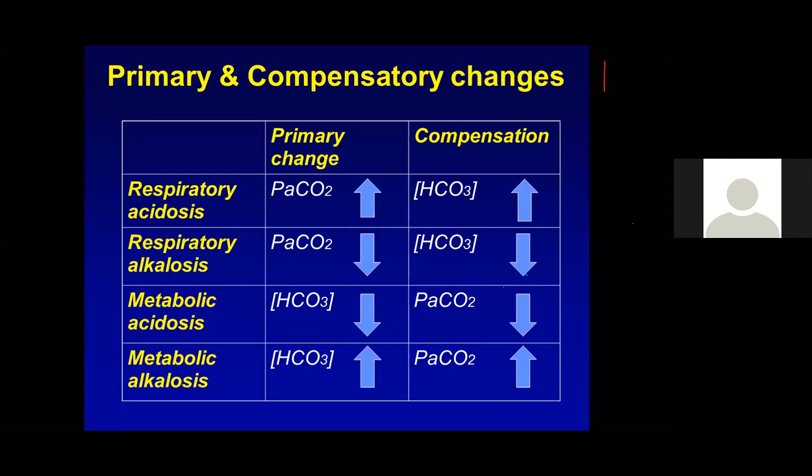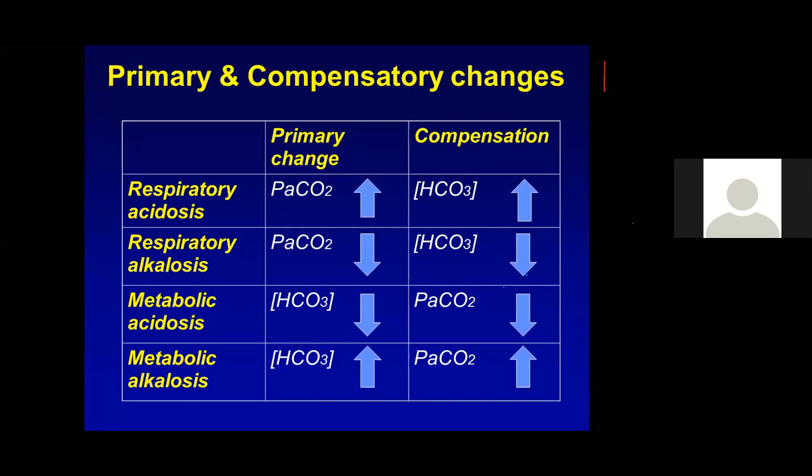What is happening in the respiratory system? The carbon dioxide is low, and along with it the bicarbonate is also low. That means there is respiratory alkalosis. I think you all have understood. Respiratory acidosis: pH is low, carbon dioxide and bicarb are high. When the pH is high and the bicarb and carbon dioxide are low, that means respiratory alkalosis. So this is the simplest way to understand.